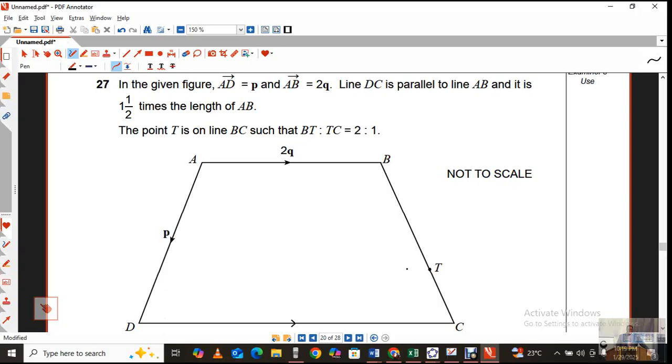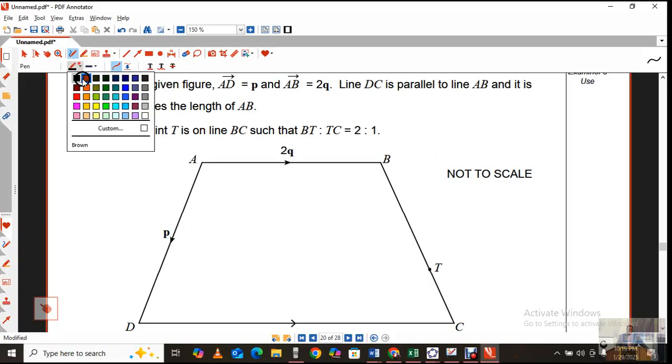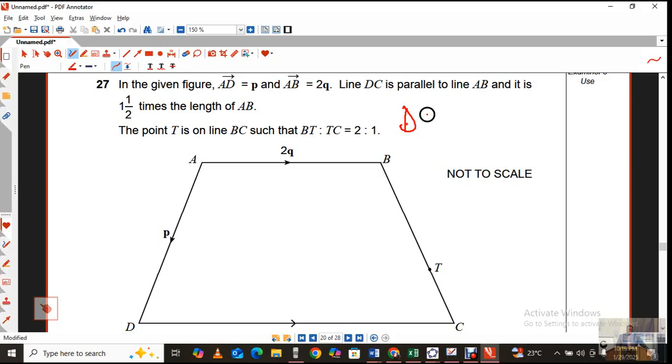And here comes the most important and straightforward concept. They are saying that line DC, let's put a red color, line DC is 1.5 times of whatever AB is.